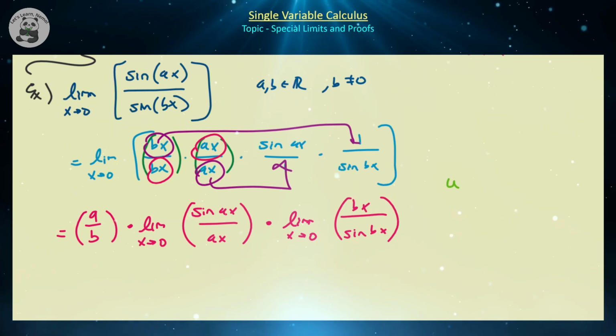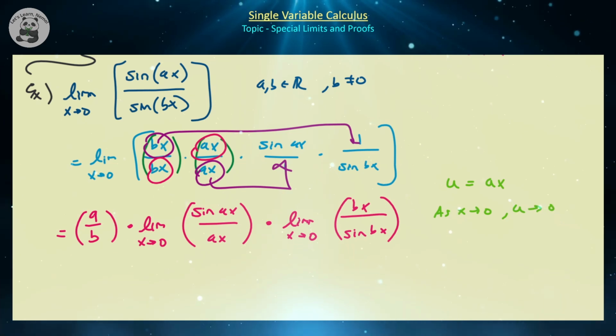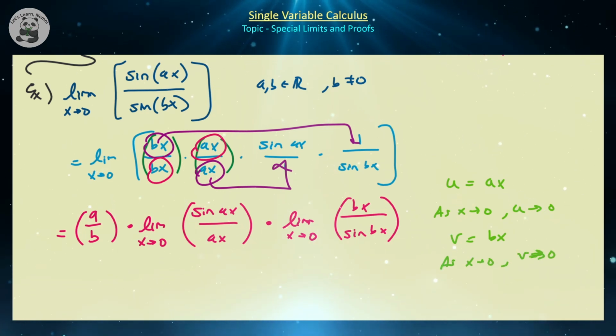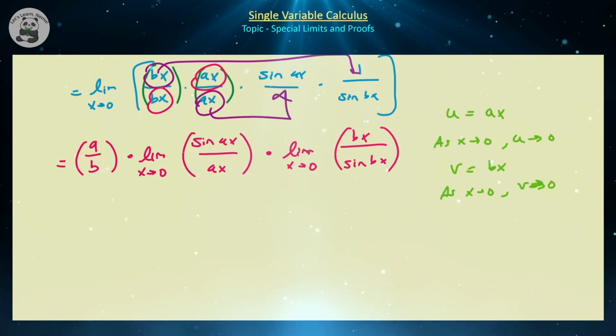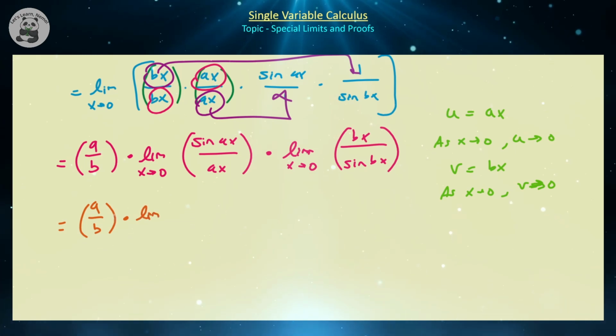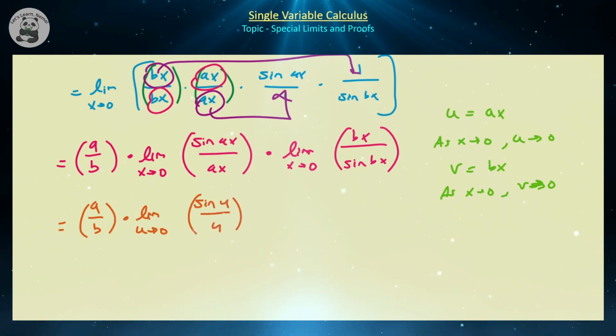So notice that if I define u to be equal to ax, as x gets close to 0, u gets close to 0 too. And if I define v to be equal to bx, then as x gets close to 0, v gets close to 0 as well. So therefore, using these substitutions of u and v, I can write this as a divided by b times the limit as u approaches 0 of sine of u over u, and that limit should look familiar.